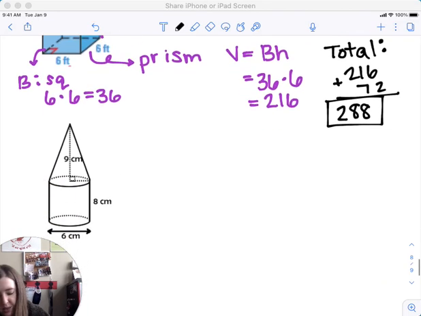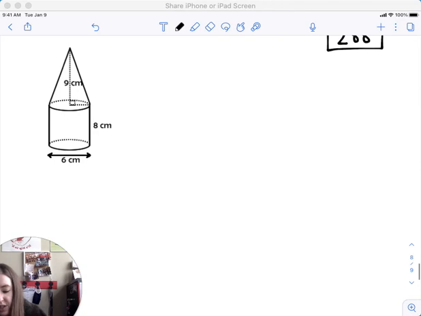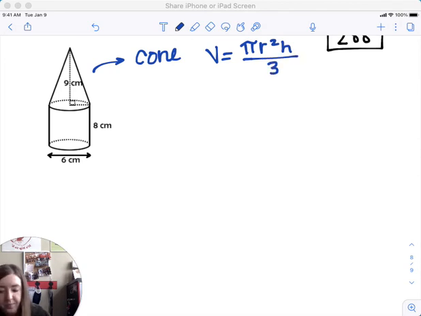Okay, one last one. So on top we have a cone. We find the volume of a cone by taking pi times the radius squared times the height divided by 3. They show me down here that the distance entirely across that circle is 6.